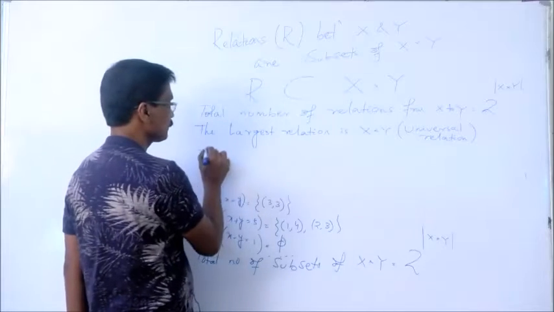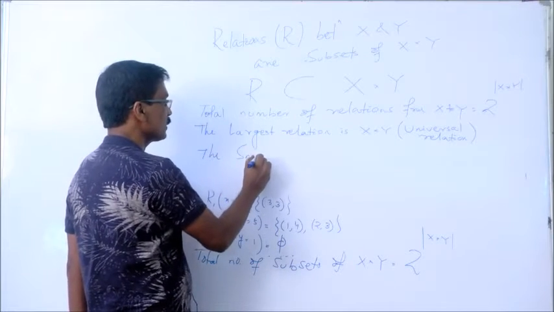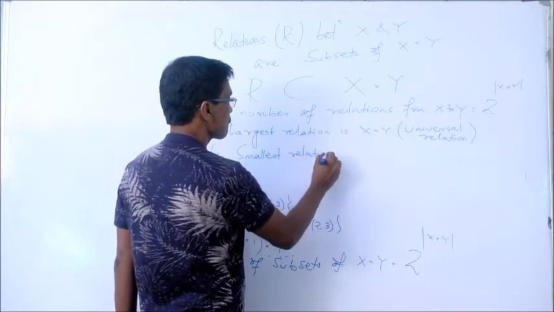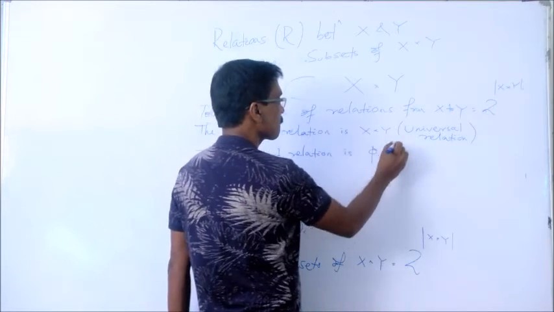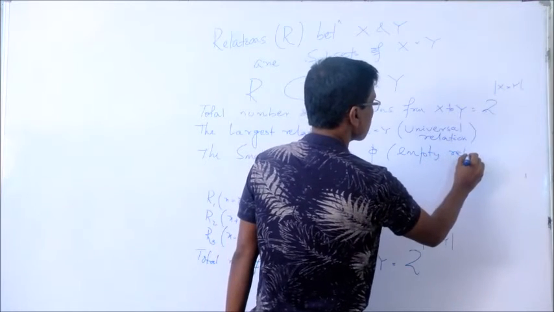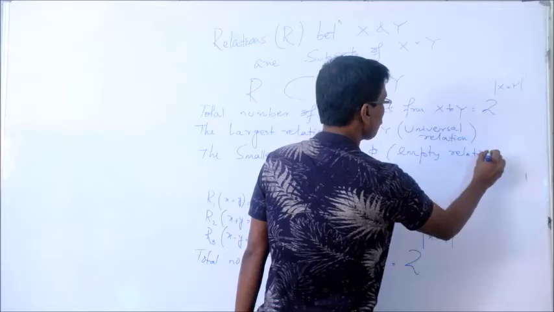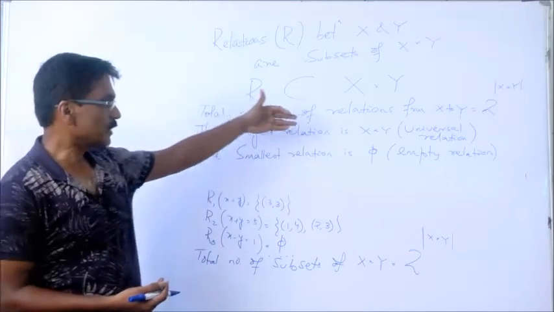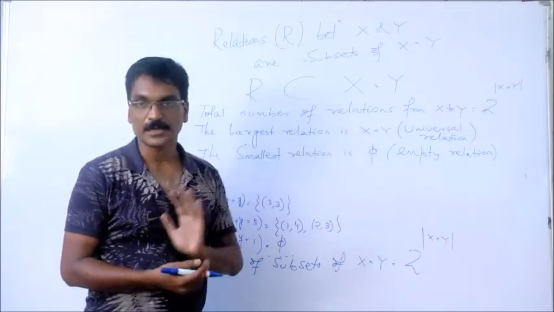And the smallest relation is phi, which is called the empty relation. And all the other relations are in between these universal and empty relations.